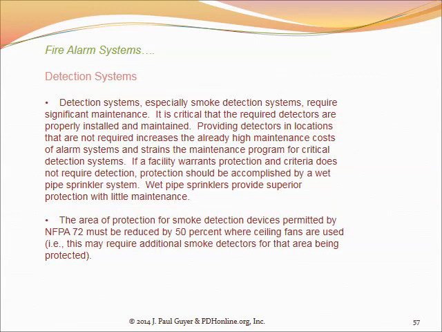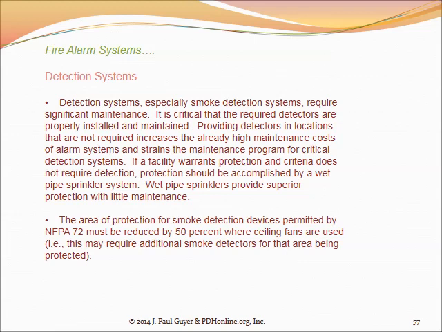Fire detection systems, particularly those that are smoke or products of combustion detectors, require significant maintenance routinely. It's important that the detectors are properly installed and maintained, and providing detectors in locations that are not required by code increases the already high maintenance costs of alarm systems and may not be warranted.